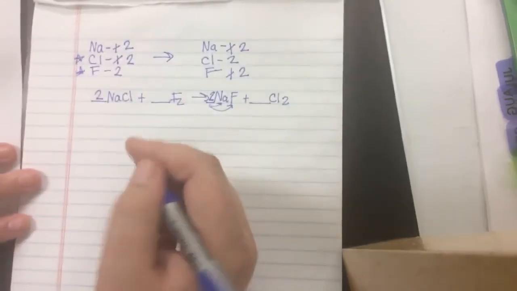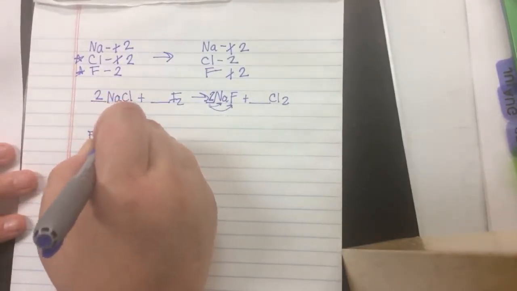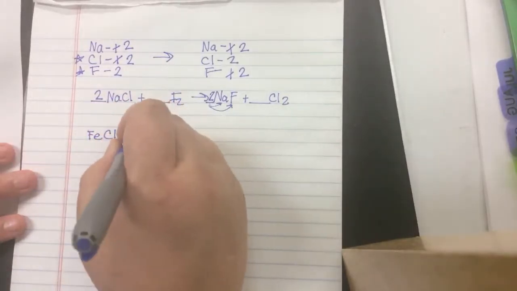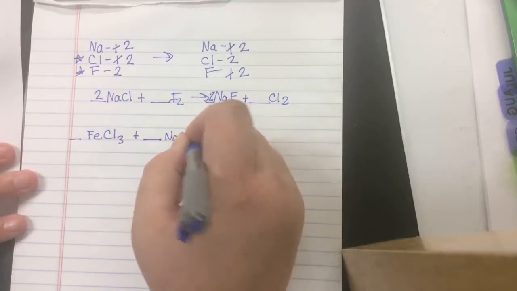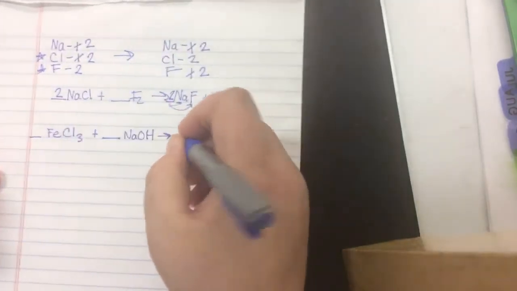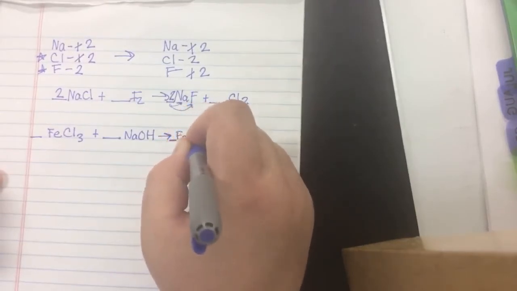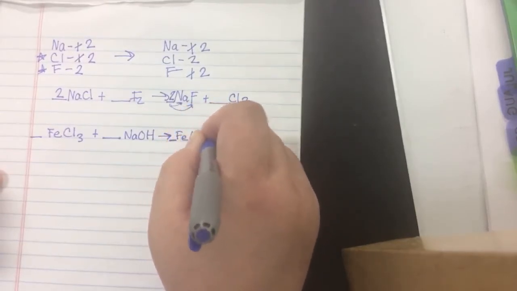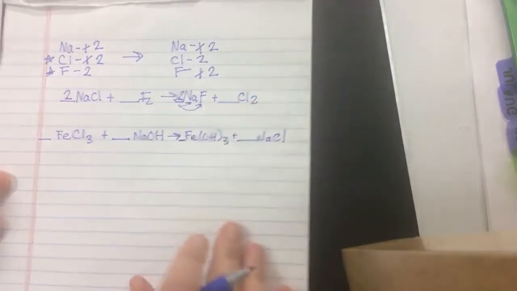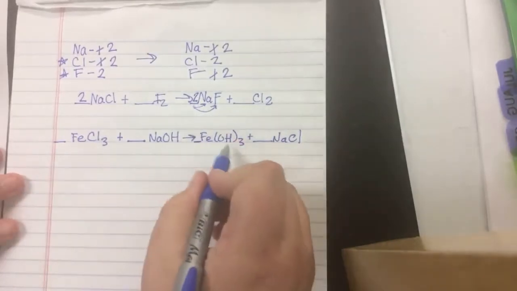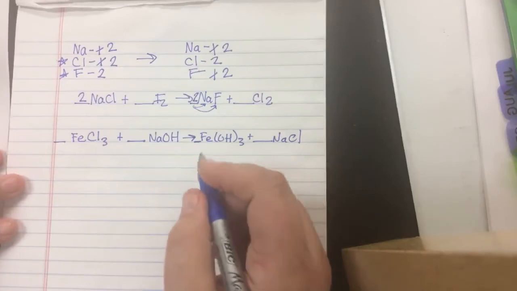Number 10 on your worksheet is iron, Fe, and chlorine, sodium hydroxide, yields, don't forget my underline, Fe(OH)3 plus NaCl. Okay, so we've got some subscripts with parentheses, so it looks a little scary, but it's not too bad.